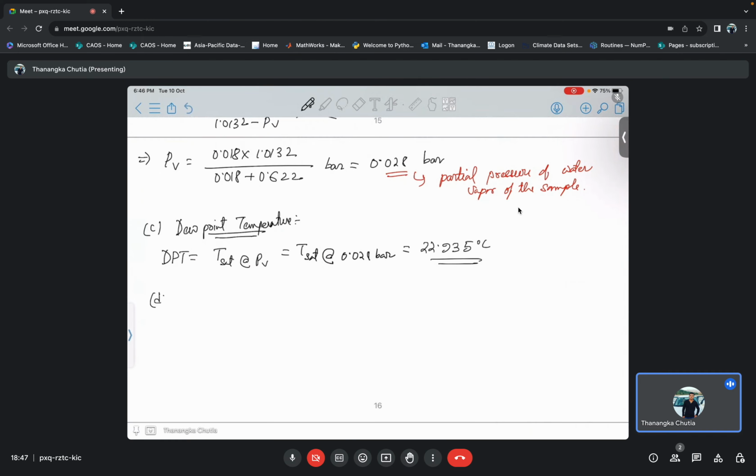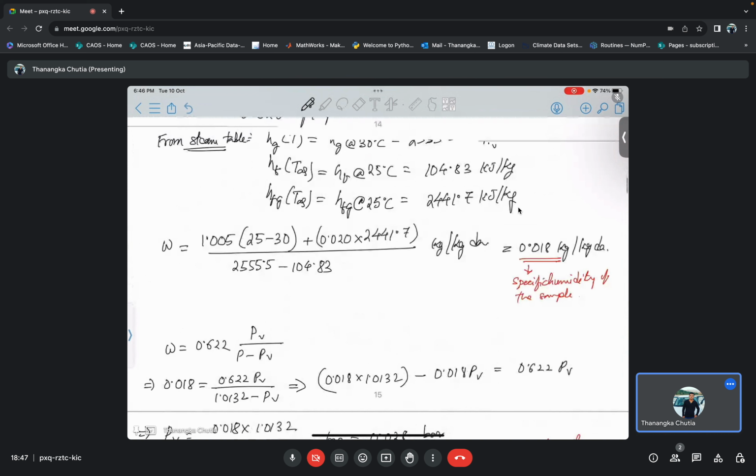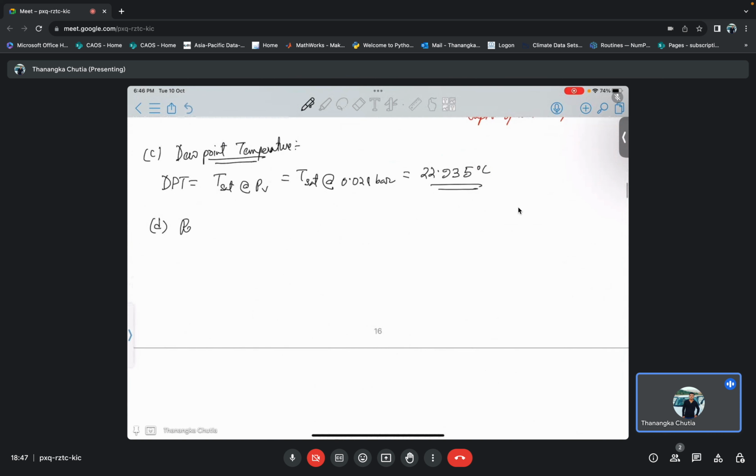Next we have to calculate the relative humidity. Your relative humidity phi is nothing but PV divided by PVS. PV we already know, and PVS is nothing but P saturation at 30 degrees Celsius.